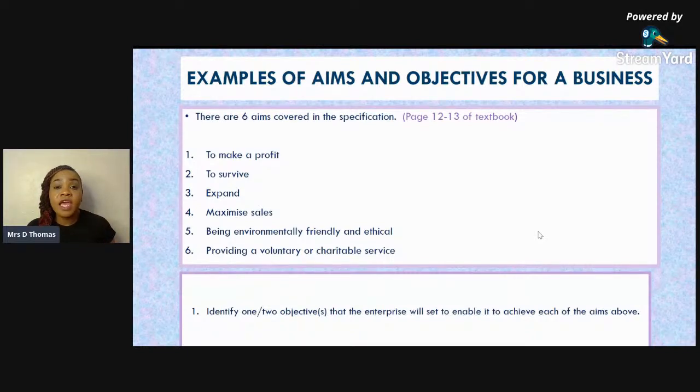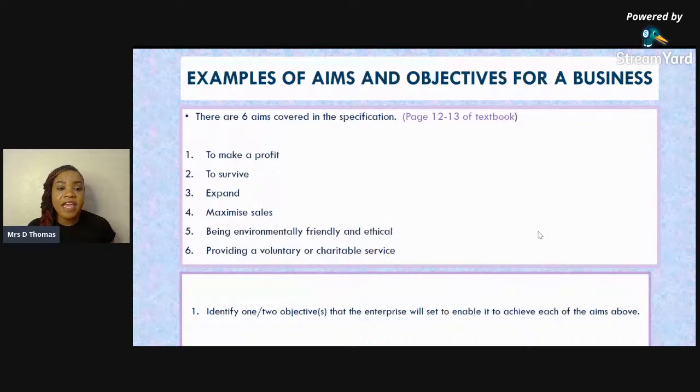Some companies ensure that on the carrier bag that they offer you, they'll say it's made from recycled material. Ethical is, are they using child labor? Some companies will ensure that they tell you that they're free from using that type of labor.